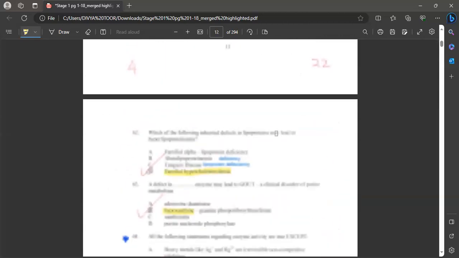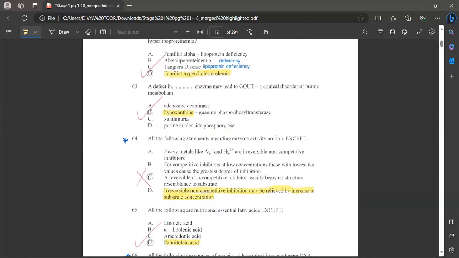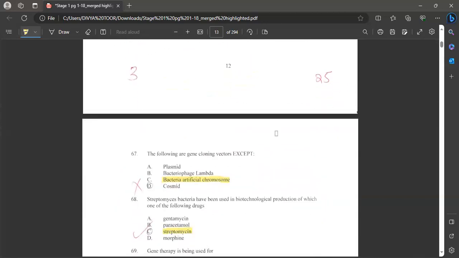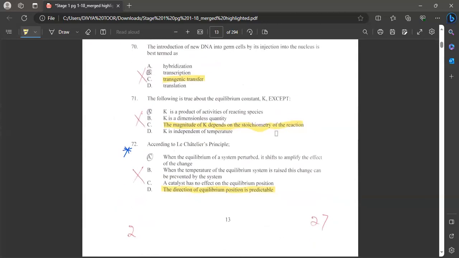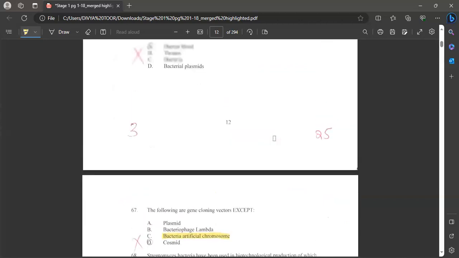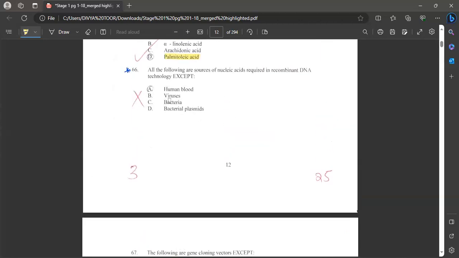Done. Divya, you'll share with me this one kindly. Yeah, no problem. With me too, kindly. Number 66, Divya, I have not answered. Honestly, we were arguing, but I don't know what answer we settled on. Sources required in DNA.